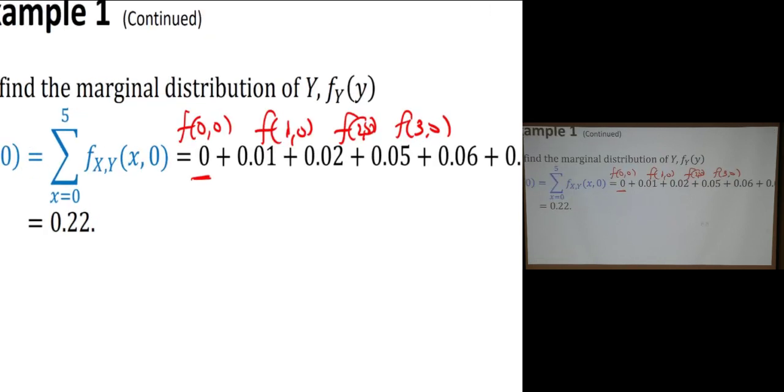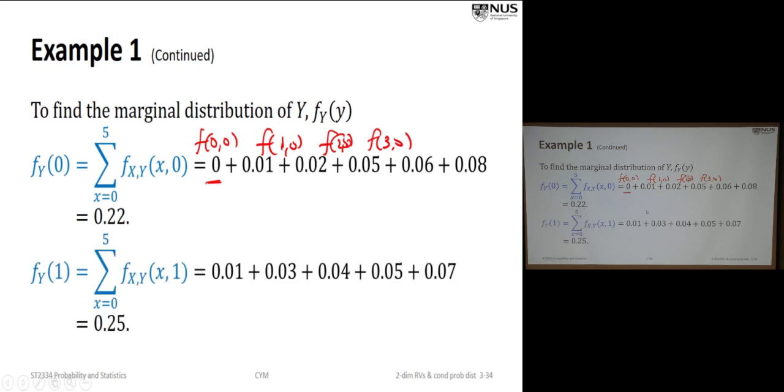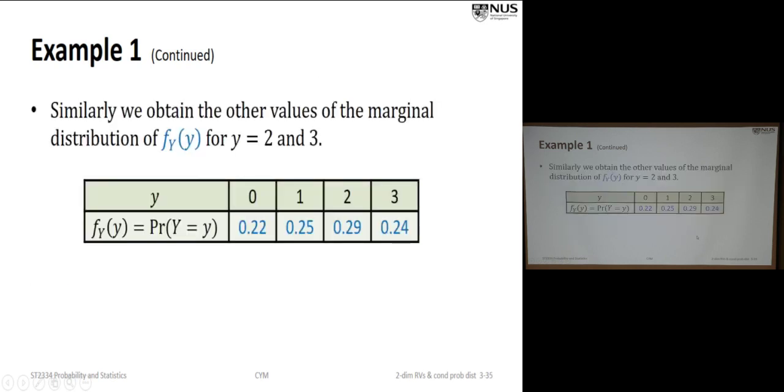The answer is 0.22. You work all this out and summarize it into a table. There are 4 possible values for y, and these are the corresponding probability functions. Make sure that they add up to 1.